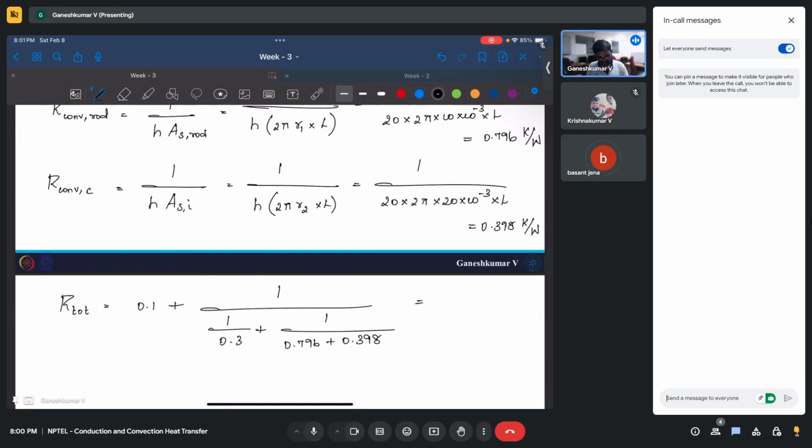How much is this coming out to be? Is this something like 0.339? I'm getting 0.34 Kelvin per watt.